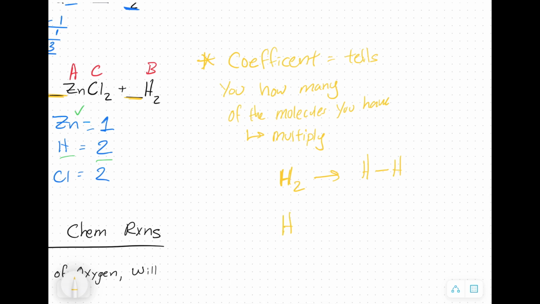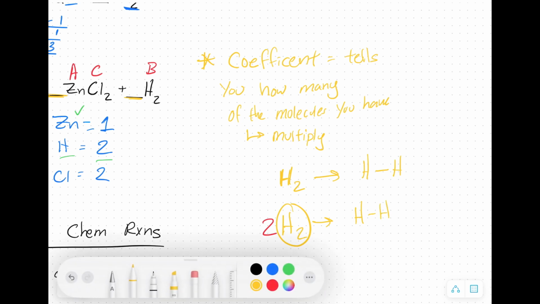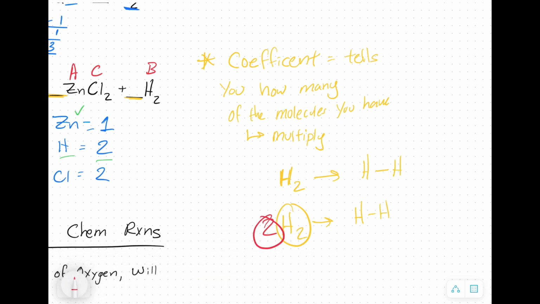What happens if I take this H2 and put a number 2 in front? Well, I still have this base H2 molecule, but now this number 2 in front says multiply that molecule by 2, that you have 2 of those. So I have this H2 molecule, and I have this new one now. That's all adding a coefficient means.